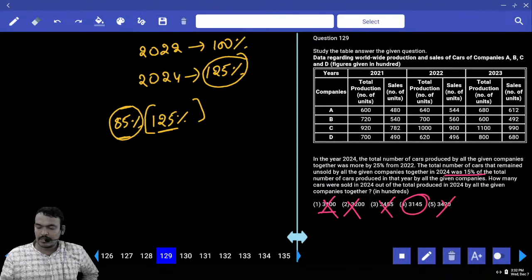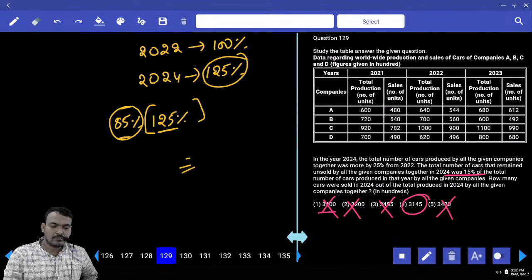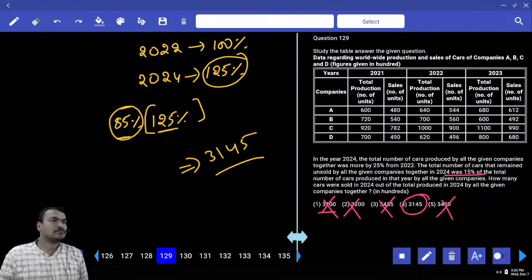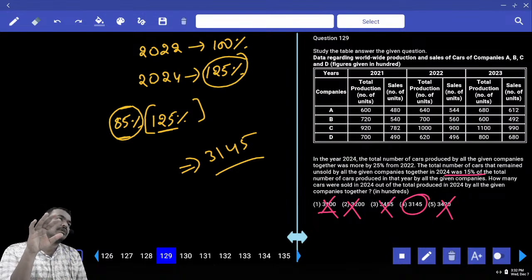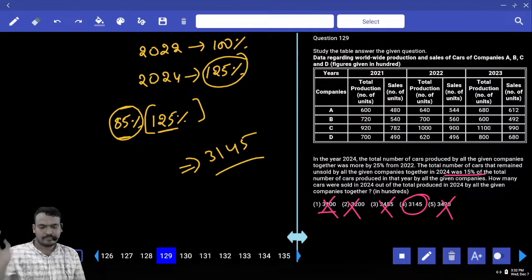No. Then the answer is the fourth one. Or, first we add all the produced value in 2022. In that, how much percent are we adding? 25%. After adding 25%, we get a certain value. Out of this, 15% are unsold, means the remaining 85% value is sold, or not?